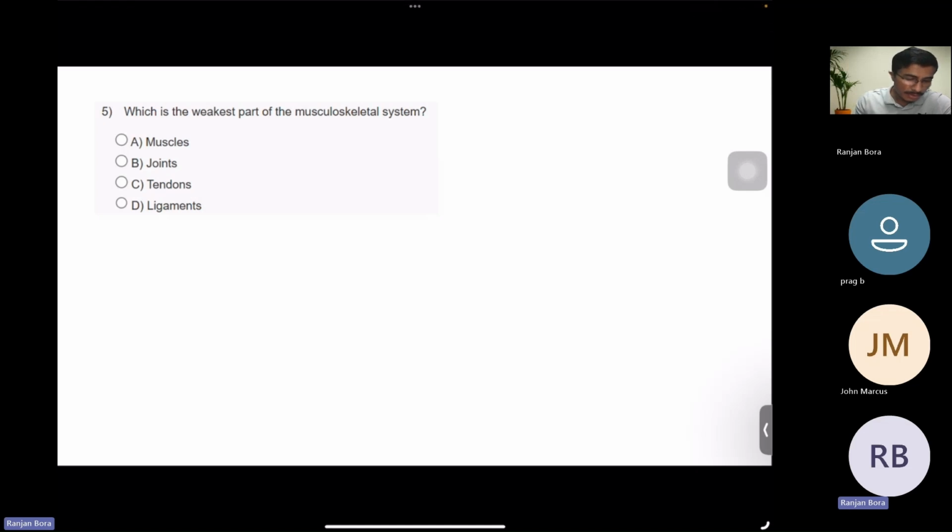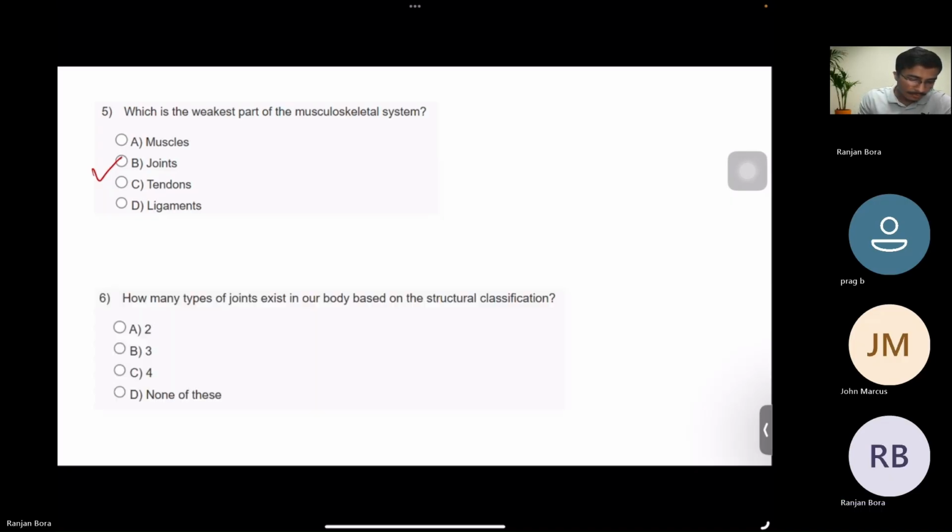Next question, which is the weakest part of the musculoskeletal system? Yeah, option B, joints are the weakest part of the musculoskeletal system. And next question, how many types of joints exist in our body based on the structural classification?